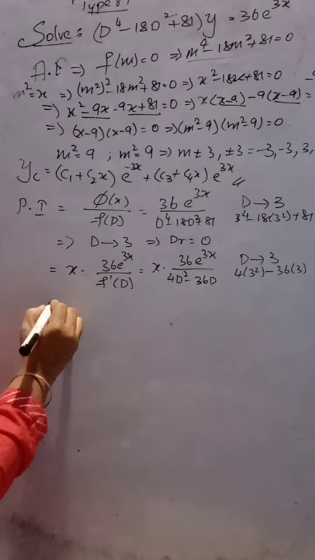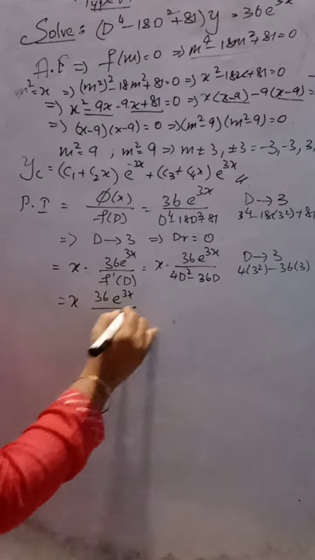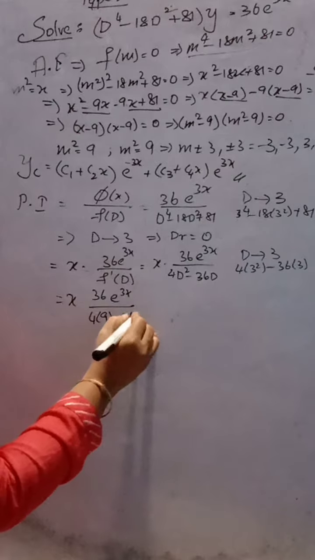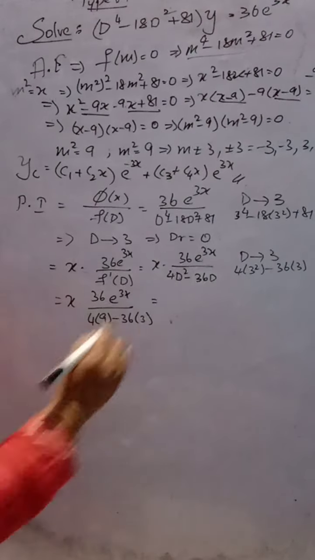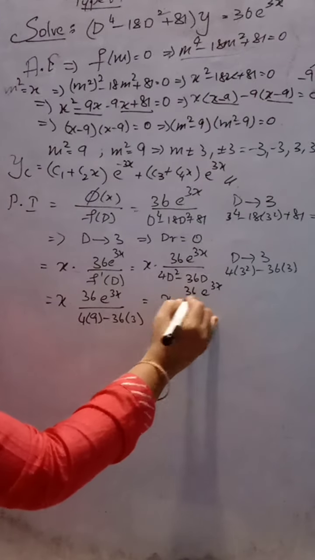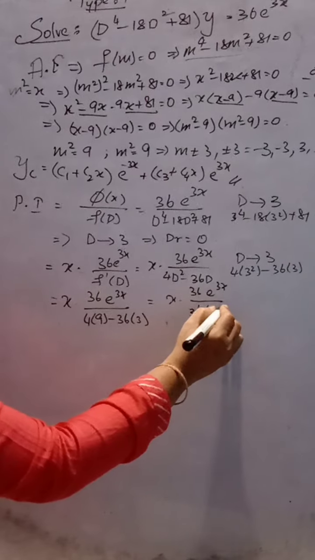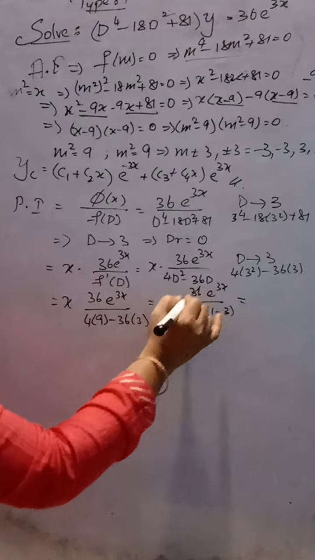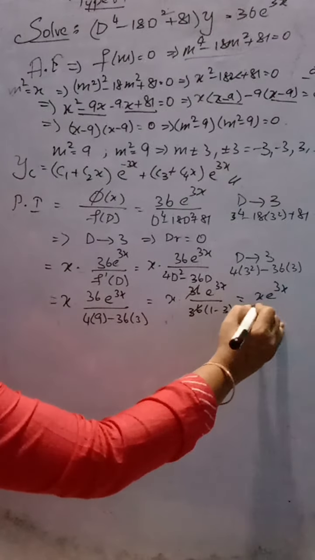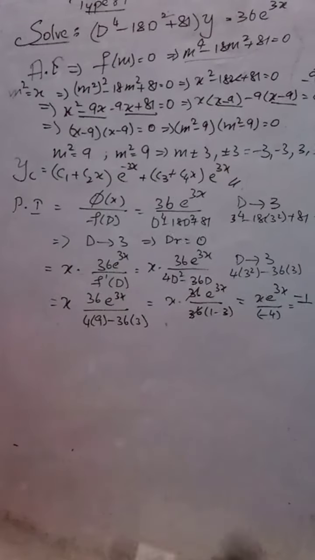So we get x into 36 e power 3x divided by 4 into 27 minus 36 into 3. 36 can be taken out common, so 1 minus 3, and 36 gets cut. So x into e power 3x divided by minus 4, that is equal to minus 1 by 4.